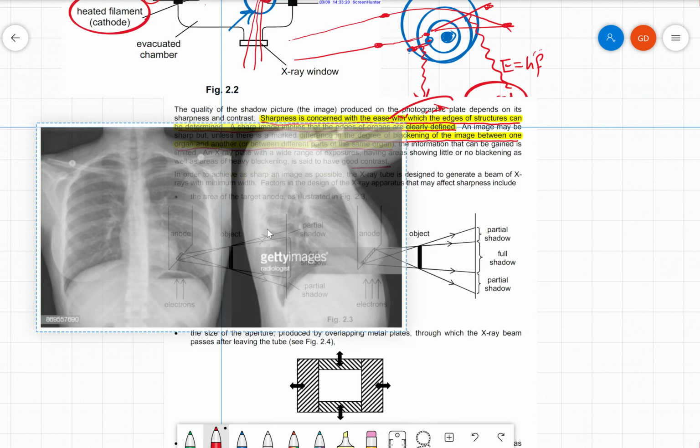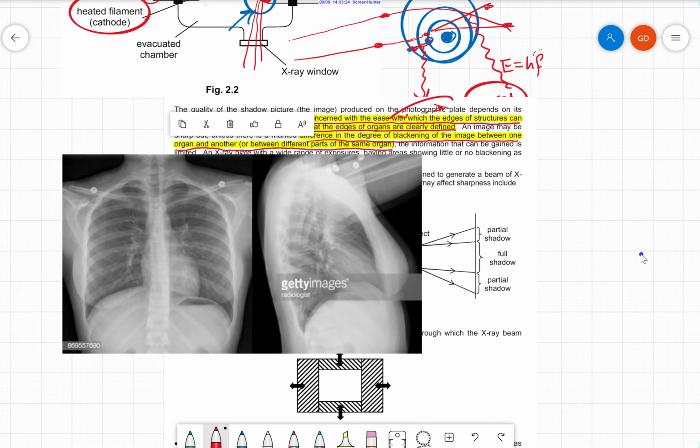Okay, now you notice here that we have some organs like lungs, for example, where the degree of blackening of lungs is more than that of the heart, for example. You see, this is what we mean by sharpness, that the edges or the limits of the heart are clear, and the degree of blackening is also clear, that the heart has a lower degree of blackening than those of lungs.